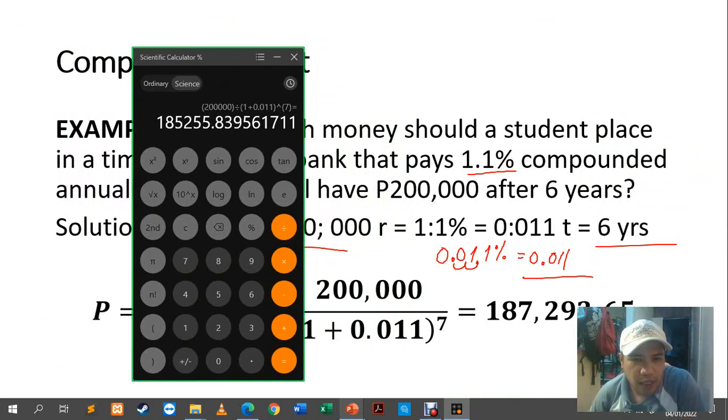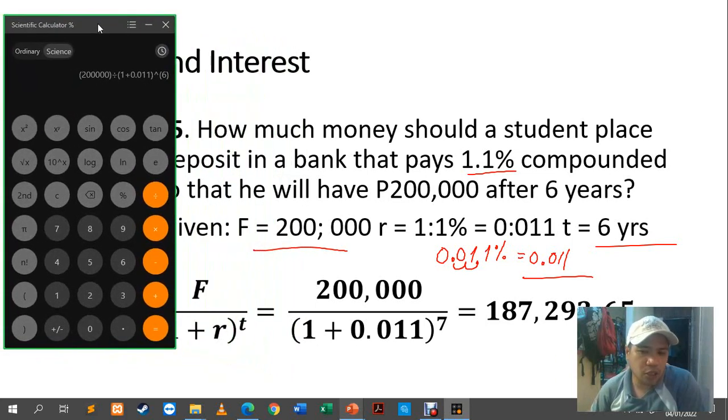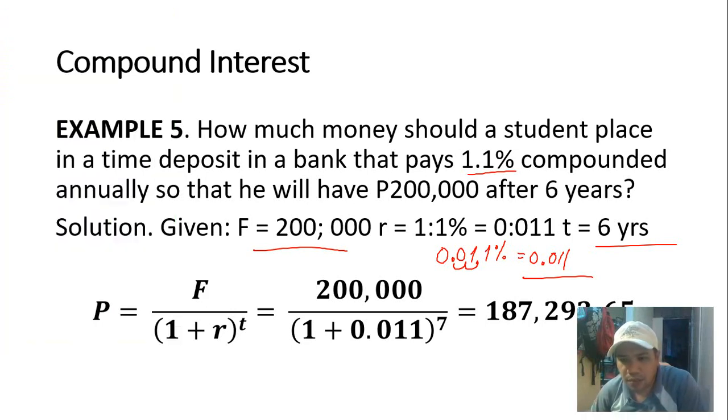Once again, 200,000 divided by 1 plus 0.011 raised to 6. Try to practice using your calculator so that you will be able to familiarize yourselves with the formula. And that gives us 187,293.65.